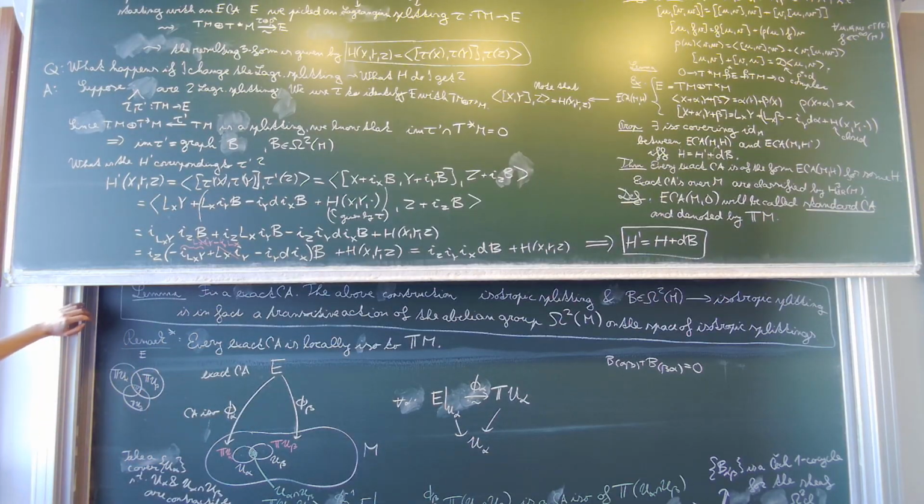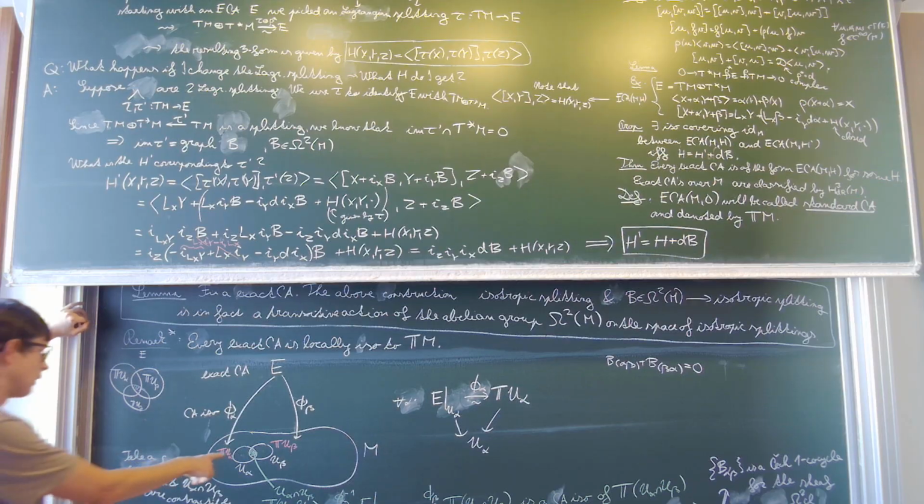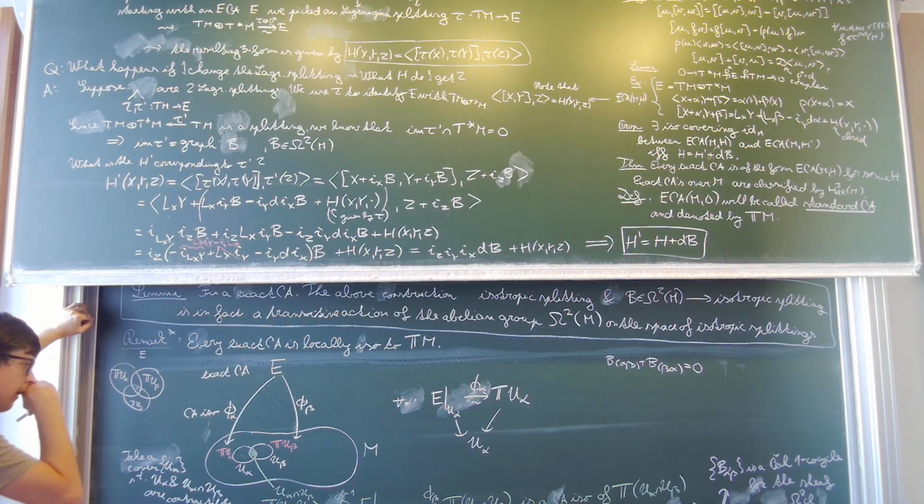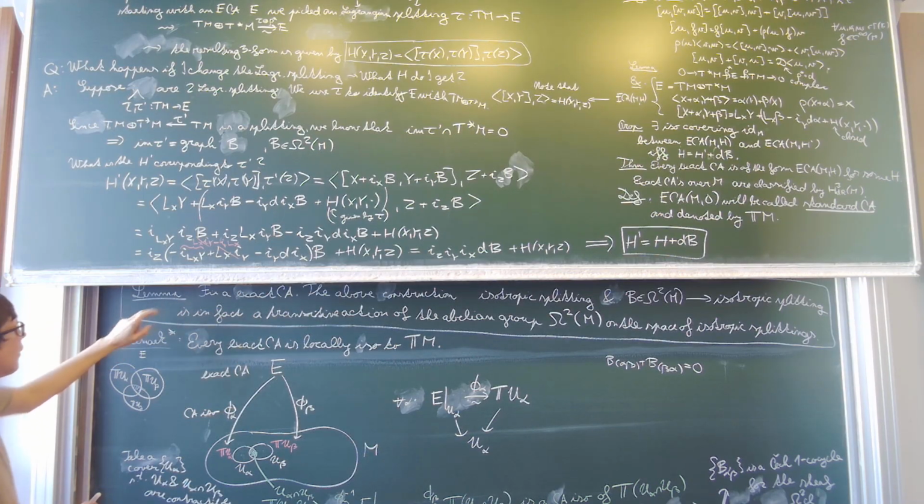Let's see. One of them should be that you go in this direction. I think right, because they compose like this: it comes from phi beta composed with phi alpha inverse.